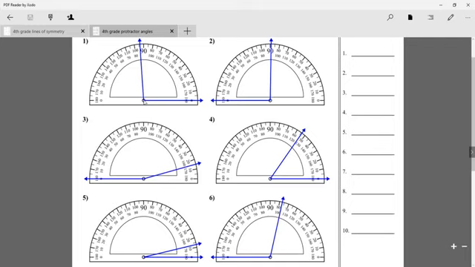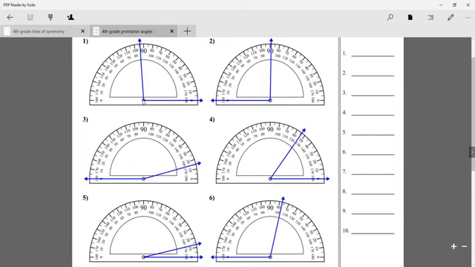And then you line up one of the lines with this bottom line right here. On an actual protractor, there will be a line going across from this 0 to 180 at the bottom here. And then you basically just line up the protractor with that line.